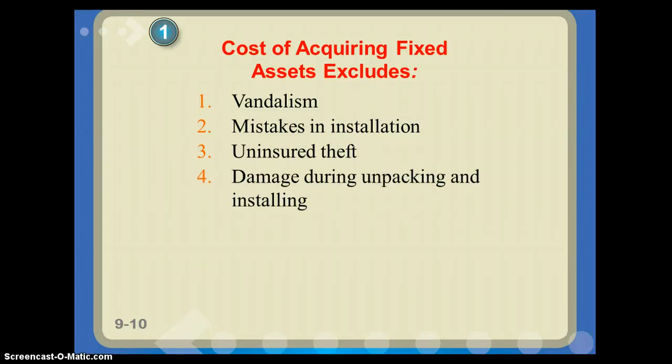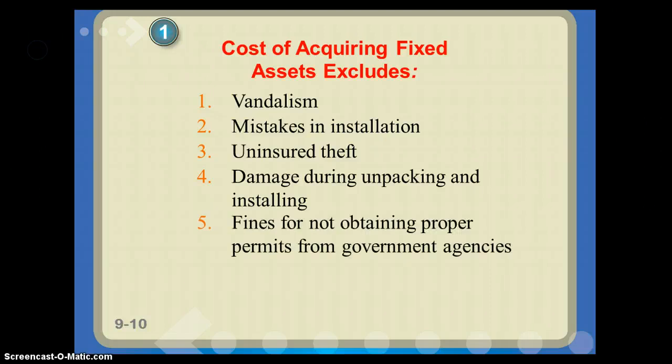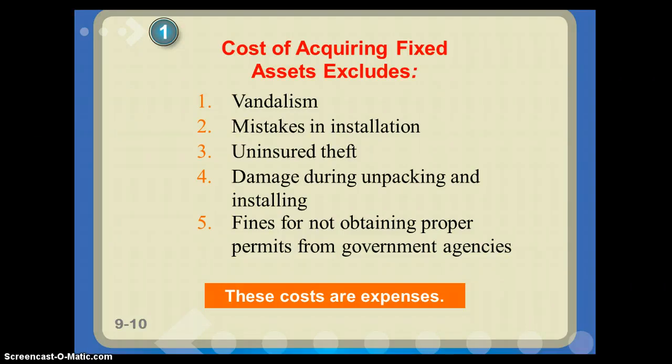Damage during unpacking and installing. Not required to have that asset, so it's not included. Fines for not obtaining proper permits from government agencies. Again, not a standard part of that equipment to have it and make it run, make it useful, so it's not included. Those would all be expenses. We'd write them off to different expense accounts.